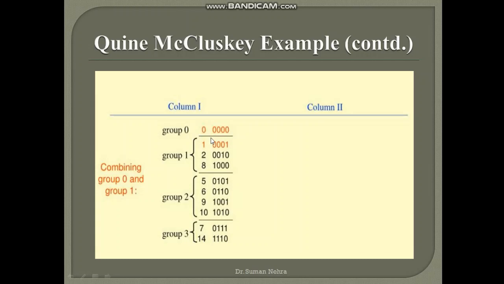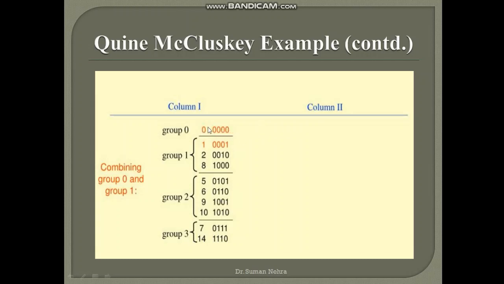Suppose 0 has 4 zeros in the binary representation, and in group 1, for 1, the first place has 0 and it has 1, and the remaining 3 digits are the same. So they will form a group, and in place of the bit which differs, we will put a dash. In this way we will compare all the groups and form column 2.